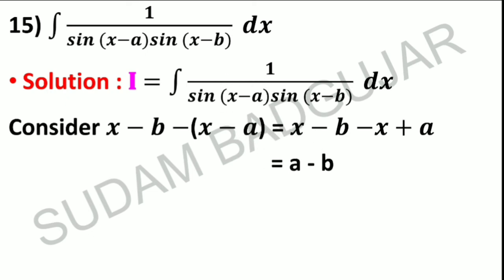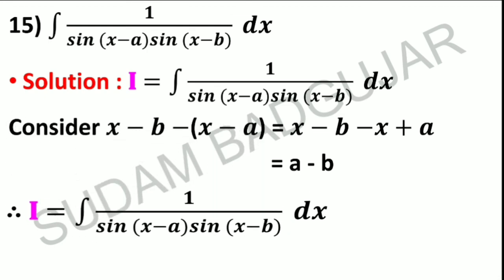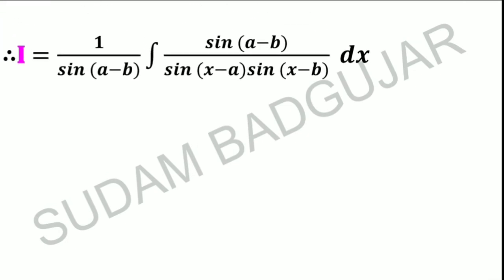Okay, a minus b, right? So if it is sine at the denominator or cos at the denominator, meaning similar terms are there, the denominator containing similar terms, then you have to multiply and divide by sine of this angle, multiply and divide by sine of a minus b. You must remember.